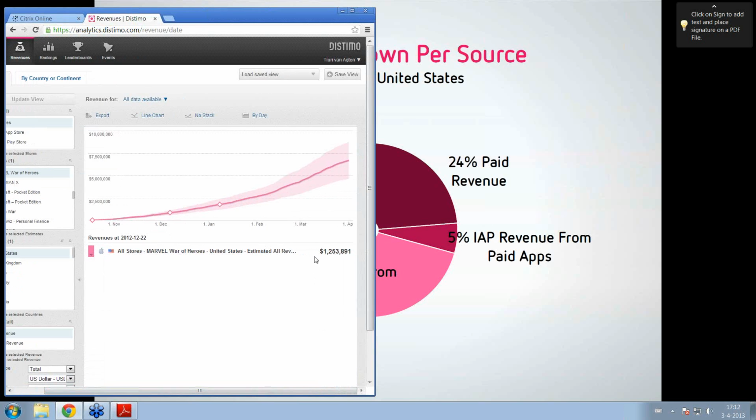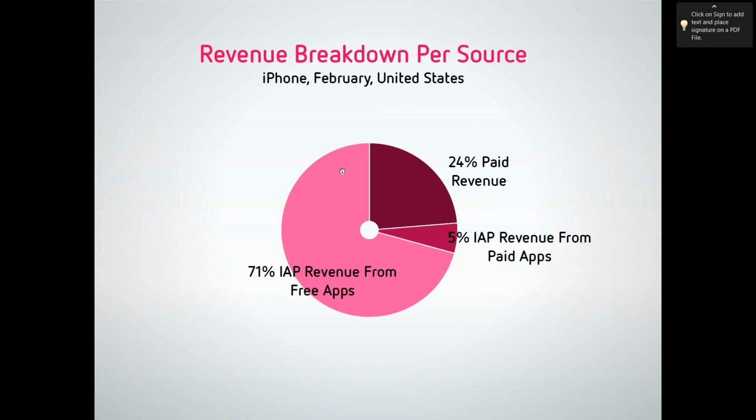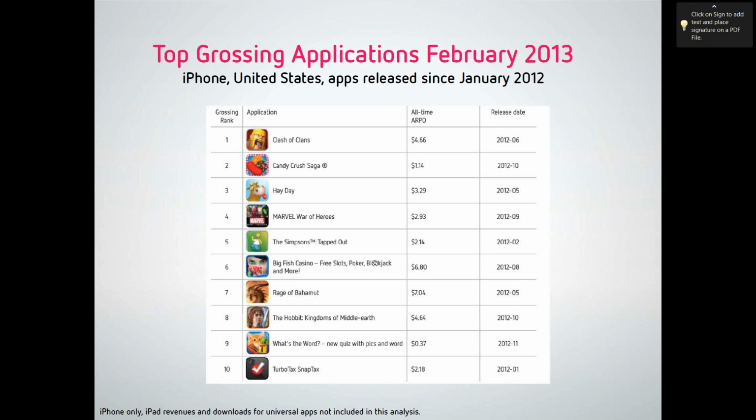So what we see here is that until the 20th of March, this app earns 5.6 million USD only in the United States on the iPhone. So when we divide those two numbers, we get to an average revenue per download of 2.9 USD. So this is basically how we did this calculation, and it's all available in EpicU.